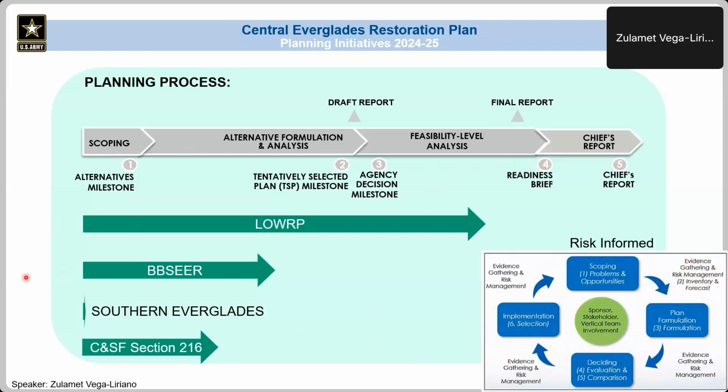Now let's focus on the top graphic here, which is the planning process key milestones. The first phase of the planning process includes scoping. Scoping has as a key decision milestone the alternative milestone, which is represented by the number 1 here.